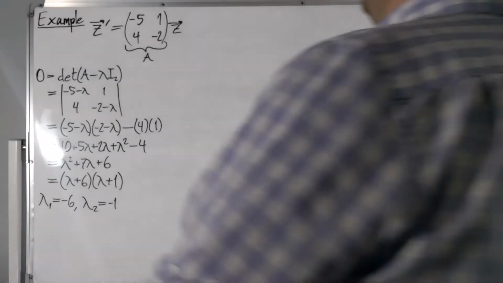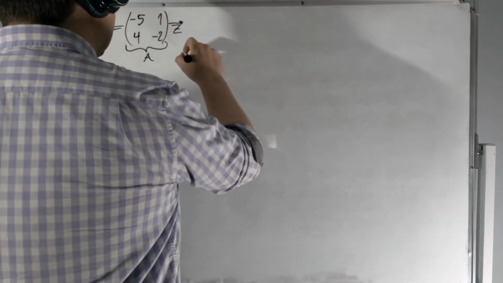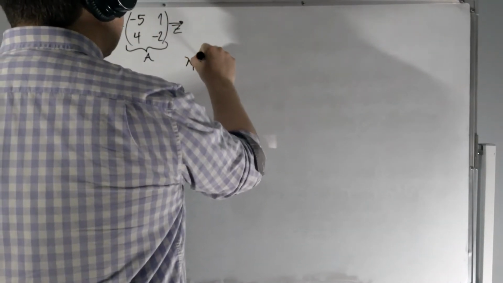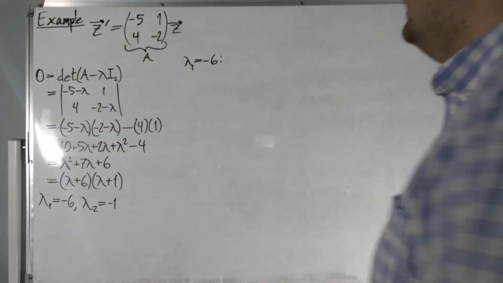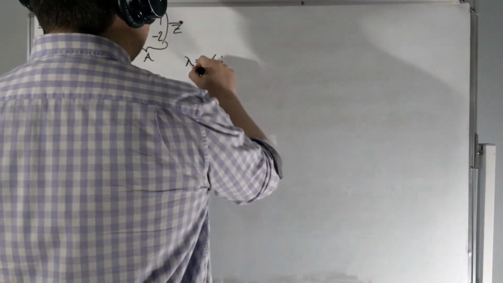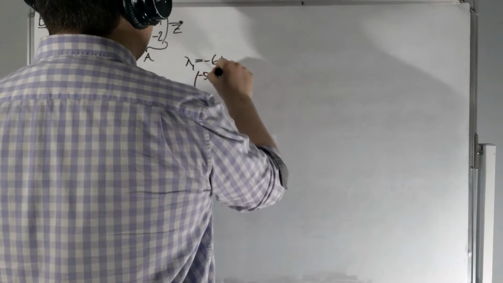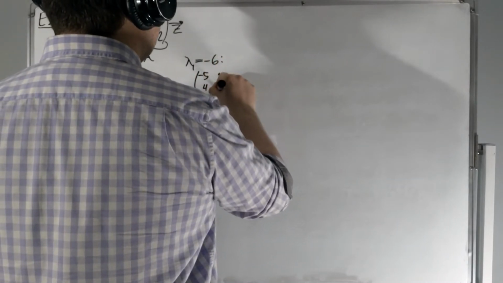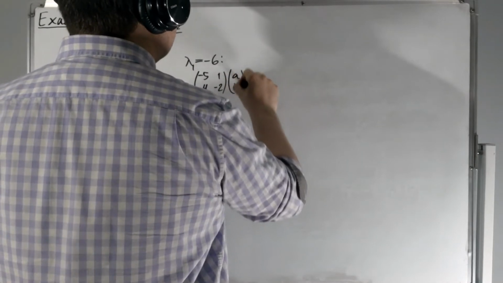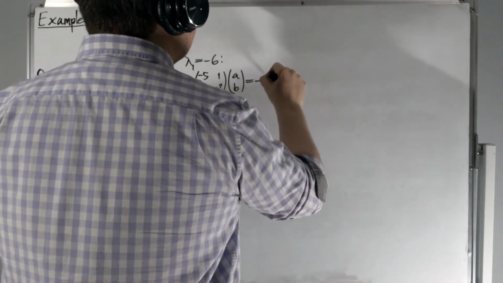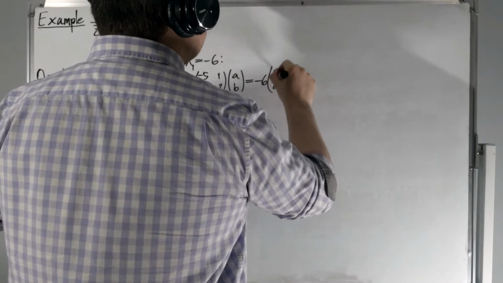So let's try to find the eigenvectors associated to lambda 1, which is -6. Those would be solutions of the equation -5, 1, 4, -2 times, let's call it (a, b), equals -6 times (a, b).